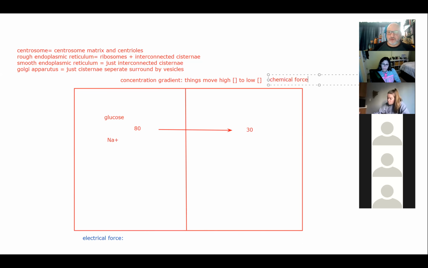We can kind of use those terms interchangeably. Electrical force is basically either the attraction or repulsion of a charged particle by the charge of the cell.